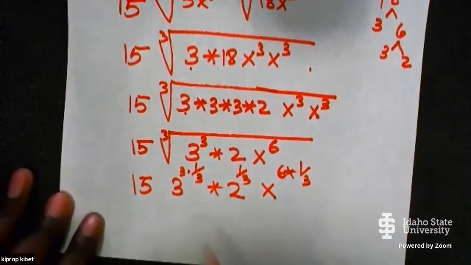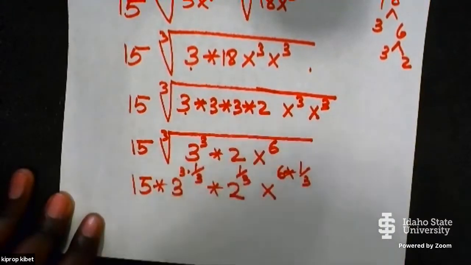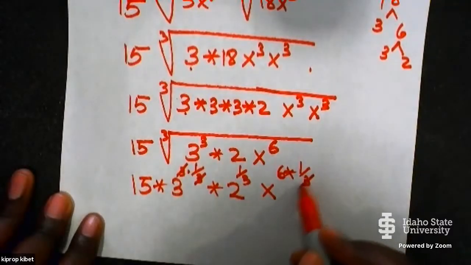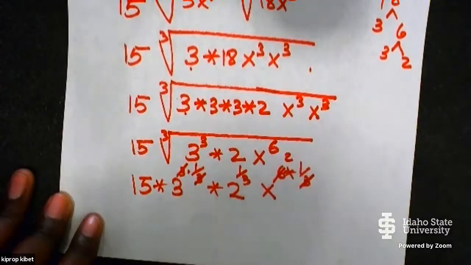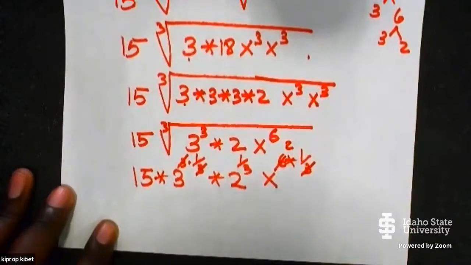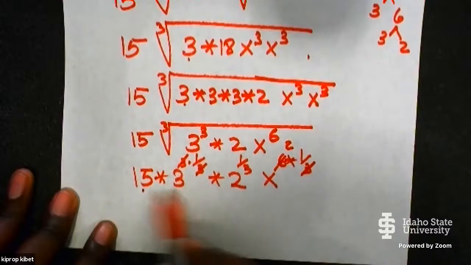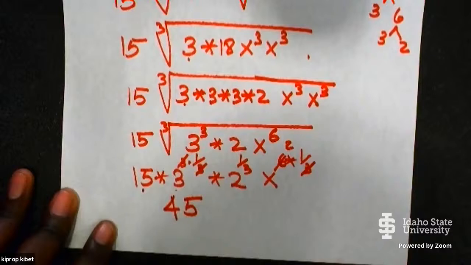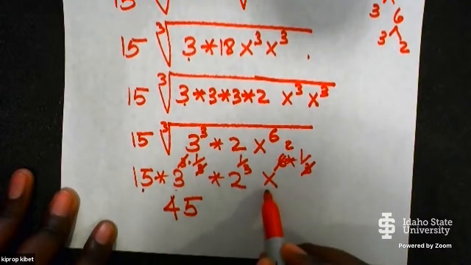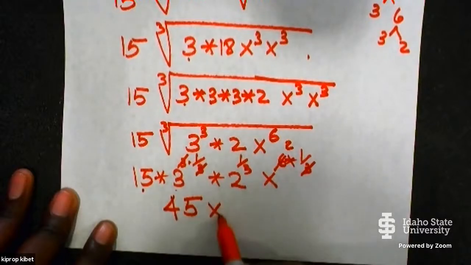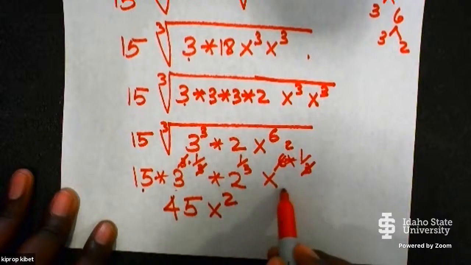Then, so this one is multiplication. So this and that. So we have this and this would be what? 2, right? So 15 times what? Times 3 is what? 45. And then we have the x here, x raised to 2, which is from this.